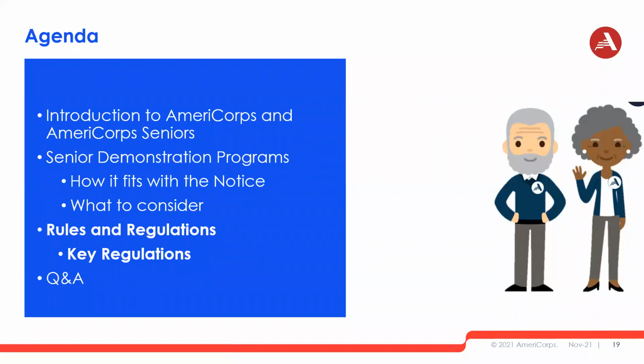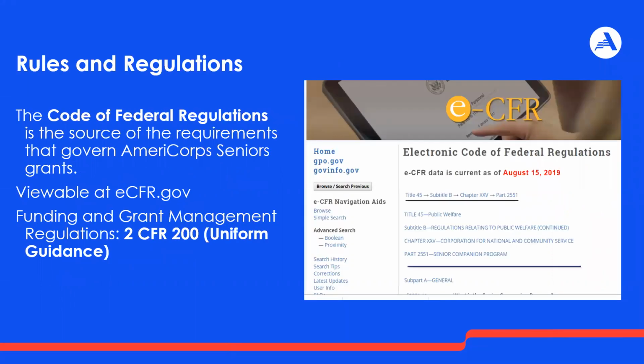So, of course, it wouldn't be a federal program if we didn't go over some rules and regulations. We wanted to make sure that you were aware of some of the rules as they apply to all of our programming. The Code of Federal Regulations is the source of the requirements that govern our grants and our grant making.